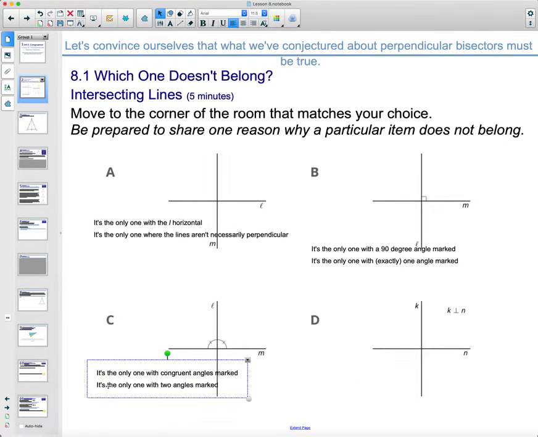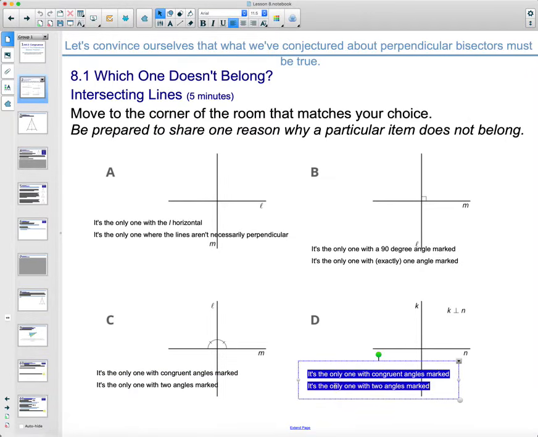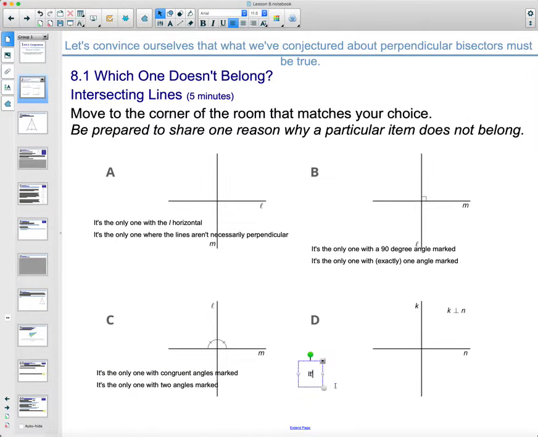Again, maybe you came up with something else. And D, a couple of reasons you might have said it's the only one with symbols describing the diagram, so K perpendicular to M here. And maybe you said it's the only one with K and N for the lines.